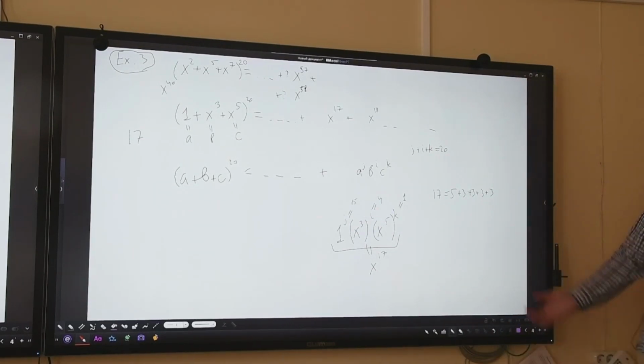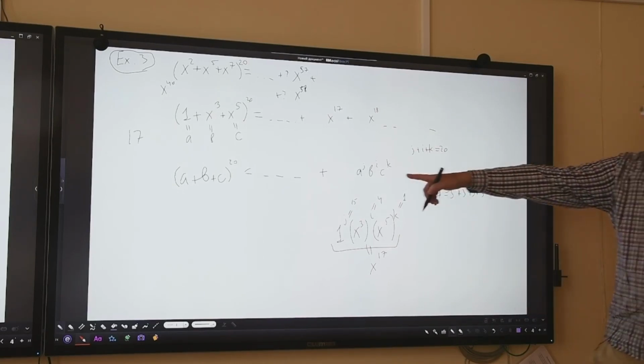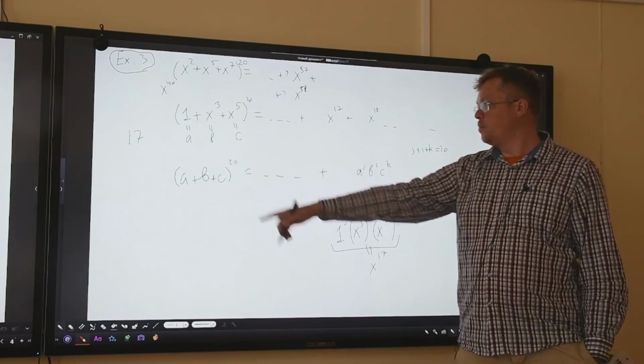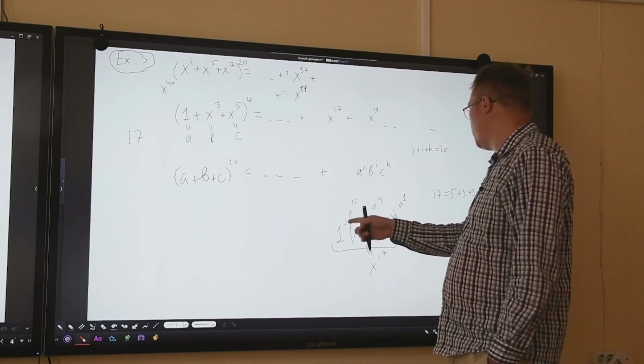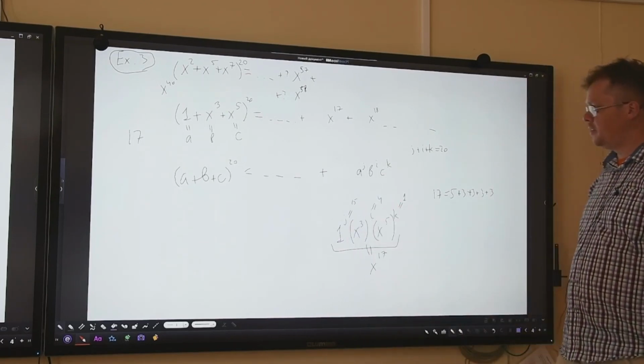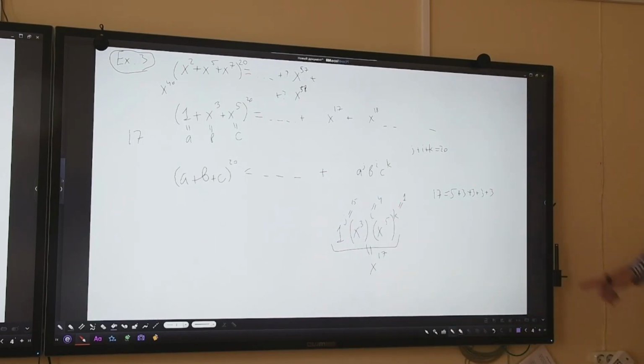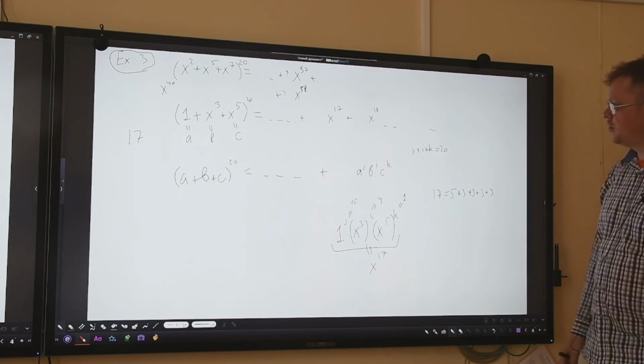Okay, so now I can write the answer. So what's the answer? I have 20 possible total brackets, but it doesn't matter here because all other elements I will take from this one.